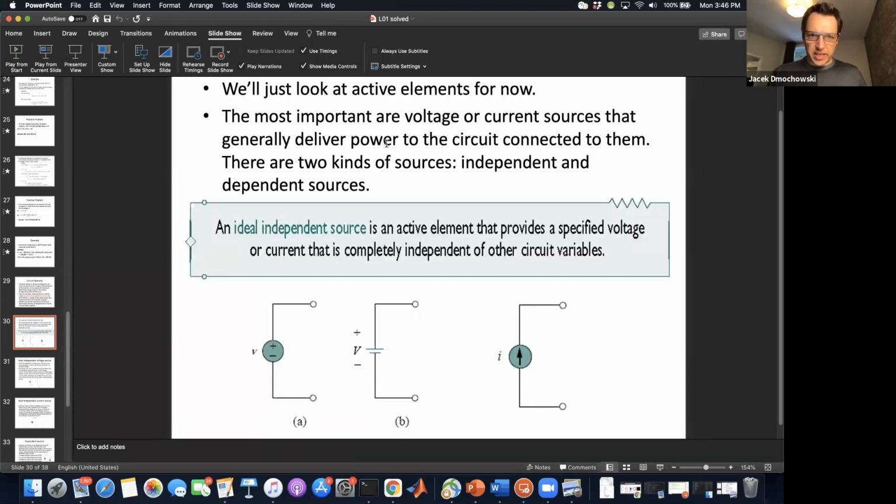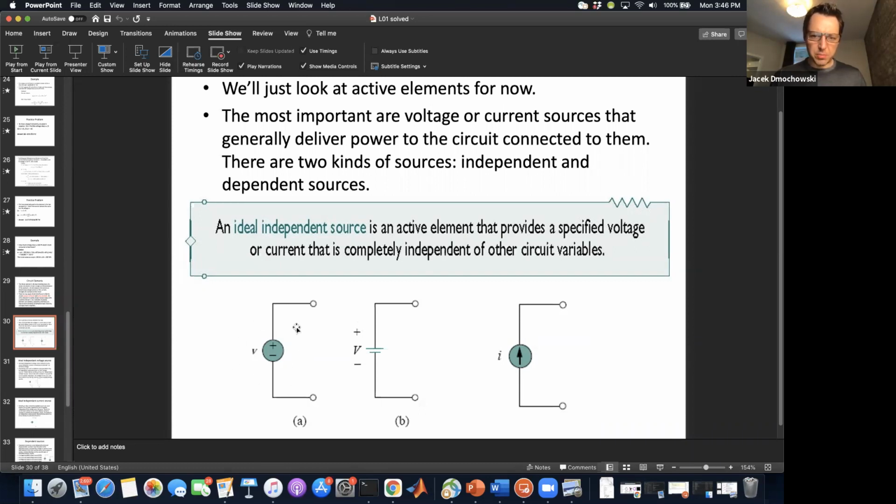So for now, we're going to look at the active elements. There are two types of sources that we deal with extensively in this course. We have a voltage source, which is another name for a battery, and we have a current source. A voltage source means that there is an ideal voltage that is guaranteed to be produced between its terminals.